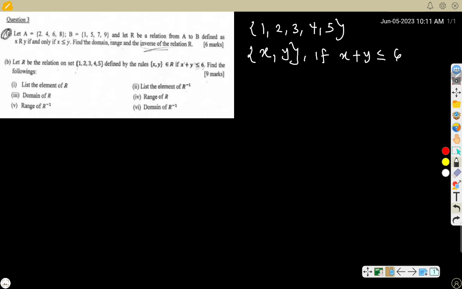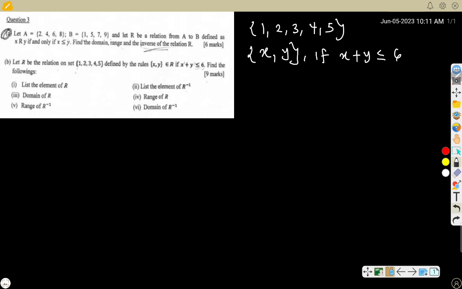For the B part, let R be the relation on the set {1, 2, 3, 4, 5} defined by the rule (x, y) if x plus y is less than or equal to 6.